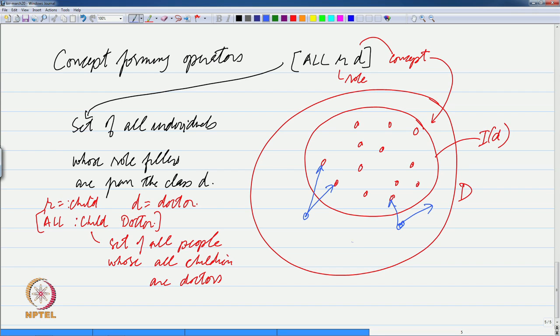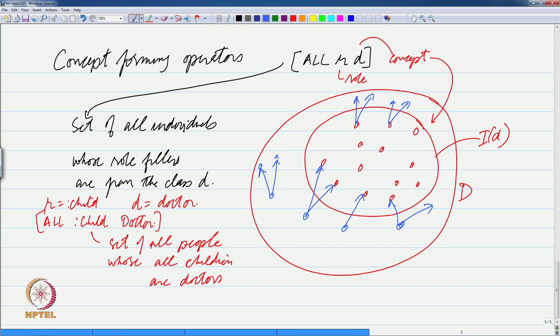And then here is a person who has only one child who is a doctor, and let us say this person has no doctors, and some people do not have children also. So, we must take that into account, and here is a person who has no child who is a doctor.